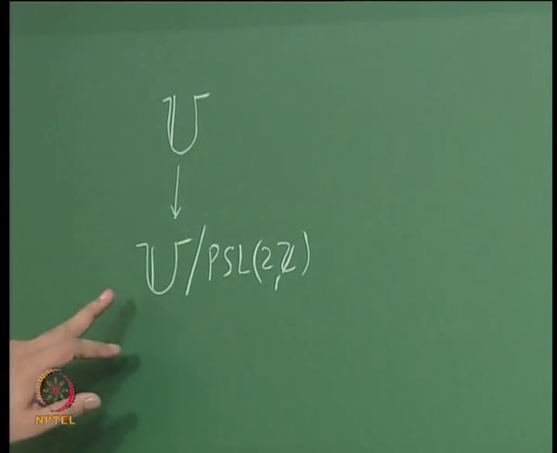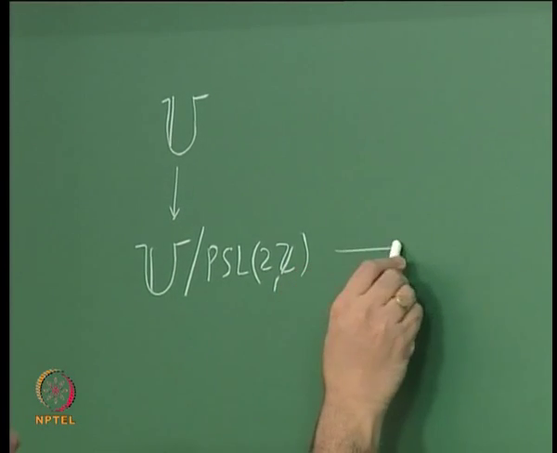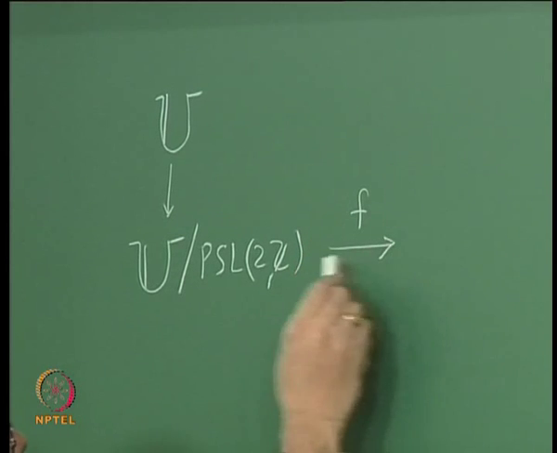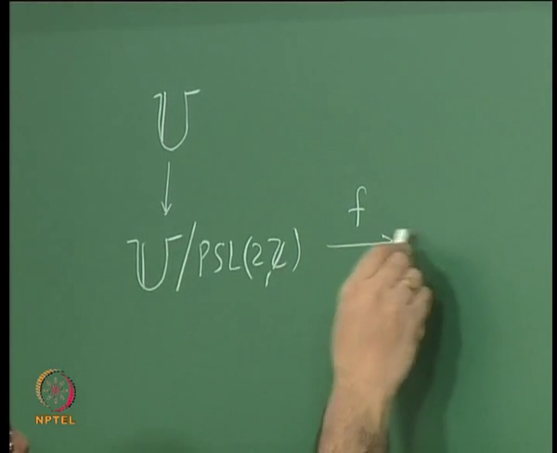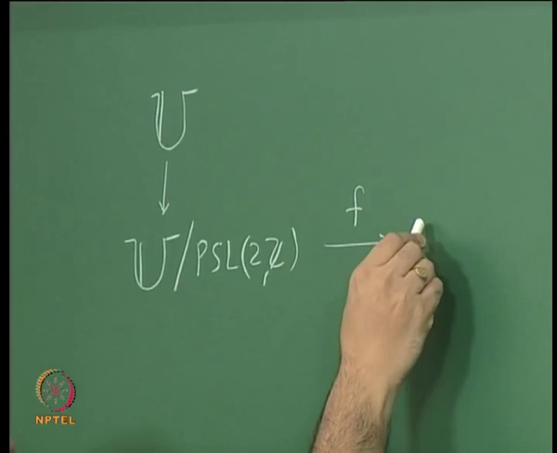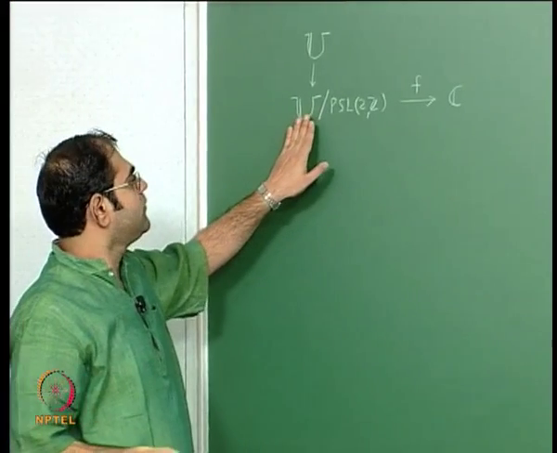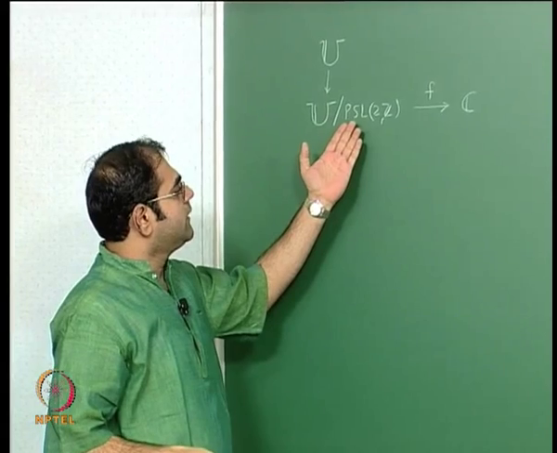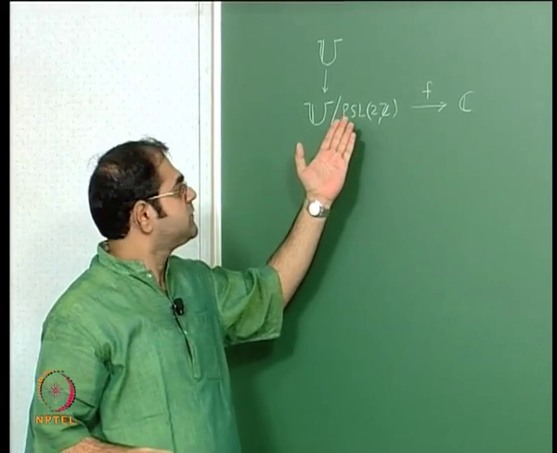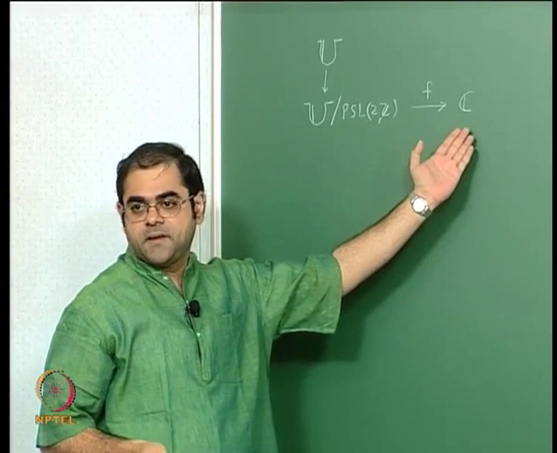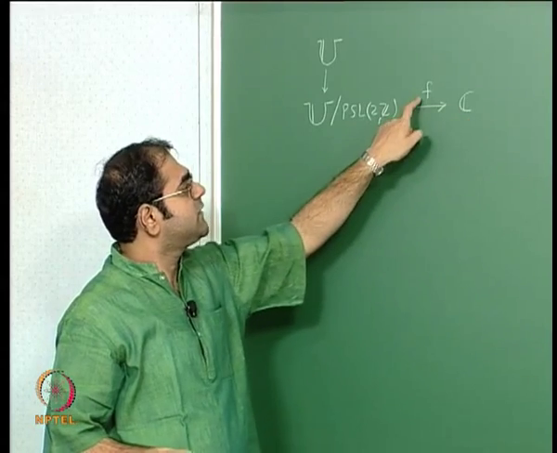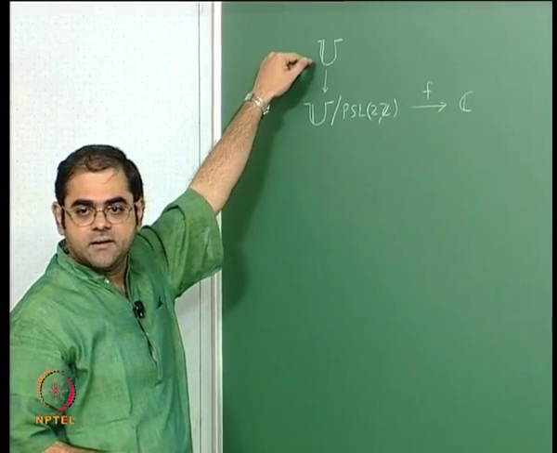And I told you that in general, if you want to give a holomorphic function from this into C, or for that matter any function, even a set theoretic function from this into any set, it is necessarily a function which is constant on orbits, okay.